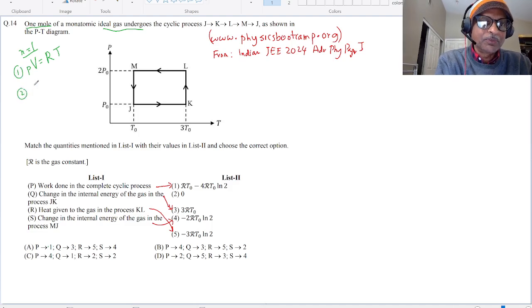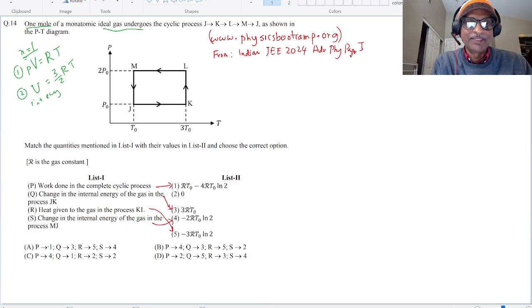The second thing you know is that an ideal gas has internal energy 3/2 nRT. For 1 mole, it will be 3/2 RT. So over here and here, the temperature is constant, so the energy will not change from M to J. The change in internal energy of the gas in the process M to J will be 0.